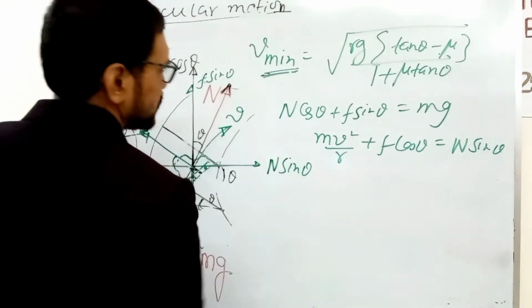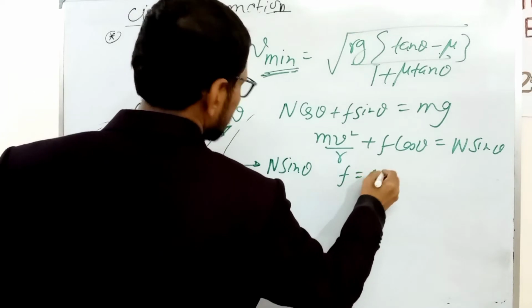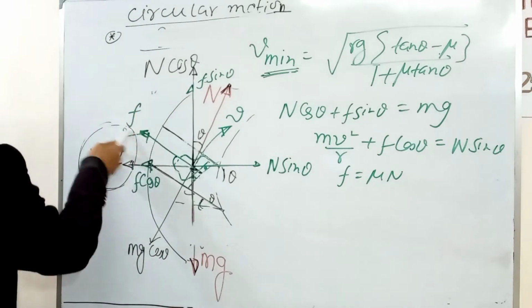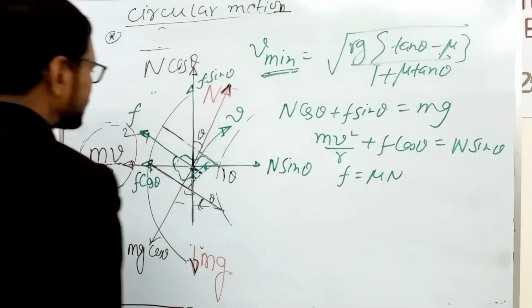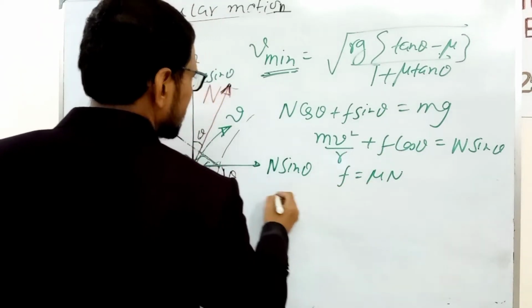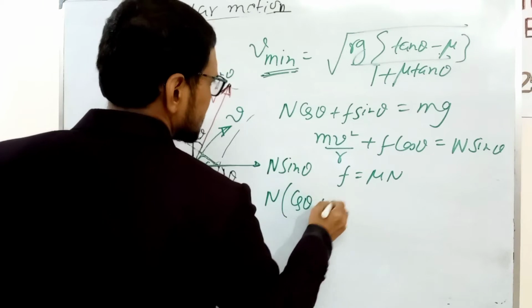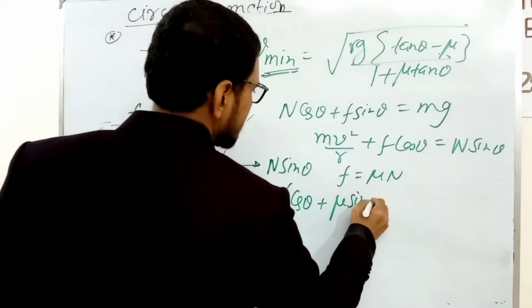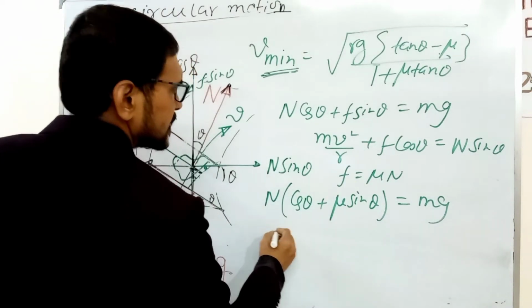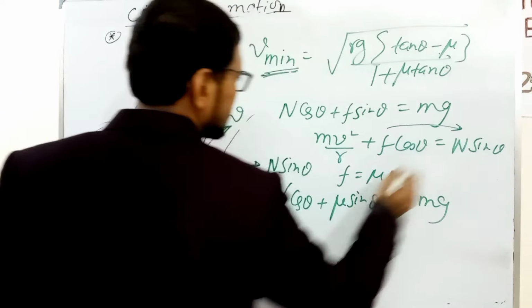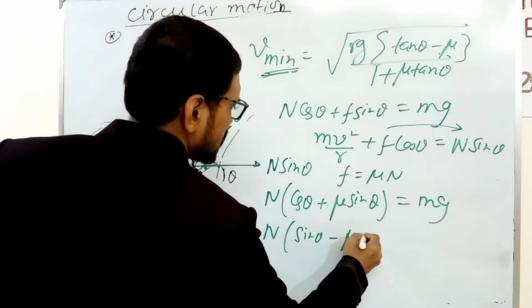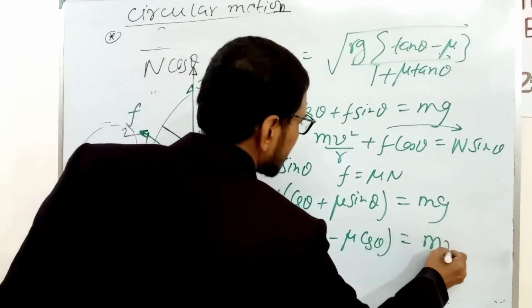Now put f equal to mu n, because minimum velocity means maximum friction force acts in this direction, so velocity is minimum. So put f equal to mu n: n cos theta plus mu n sin theta equal to mg, and n sin theta minus mu n cos theta equal to mv square by r.